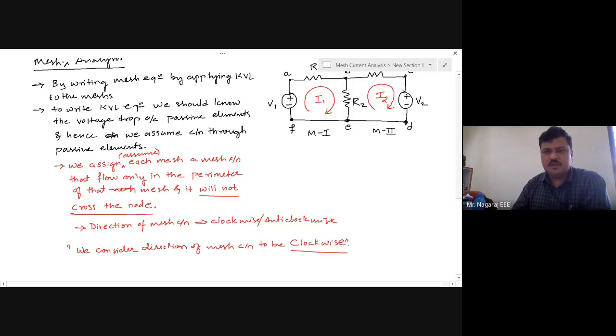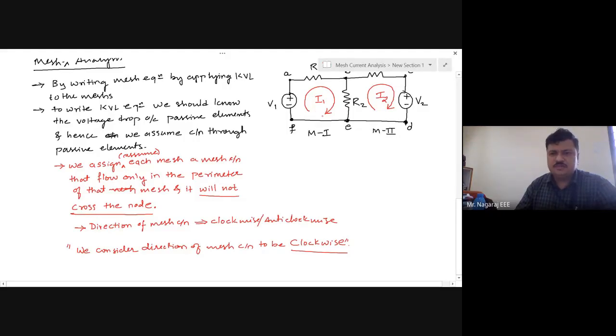If the circuit is non-planar, I cannot go with mesh current analysis; I should go with node voltage analysis. We will study node voltage analysis after this. If the circuit is planar, check how many individual meshes we have. Then assign each mesh a current in clockwise direction.